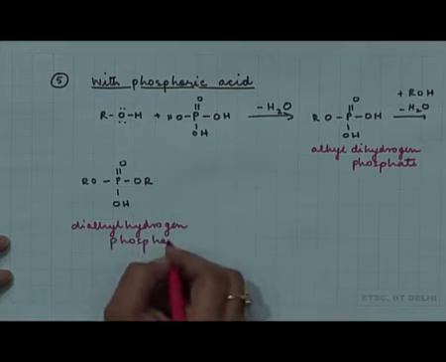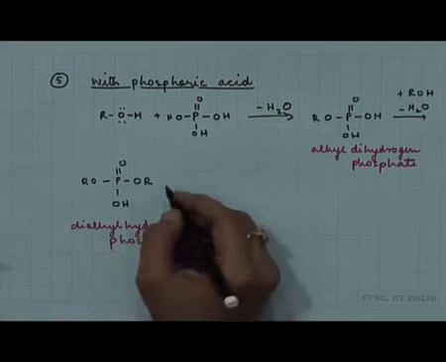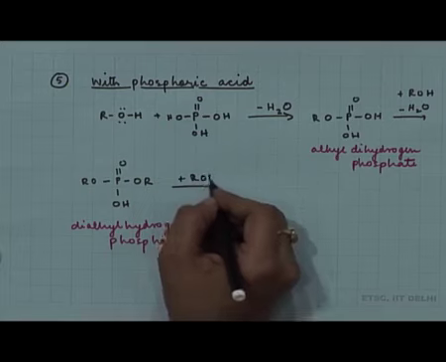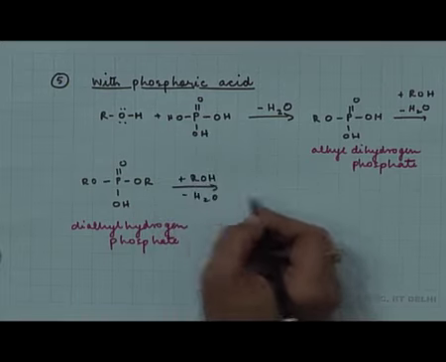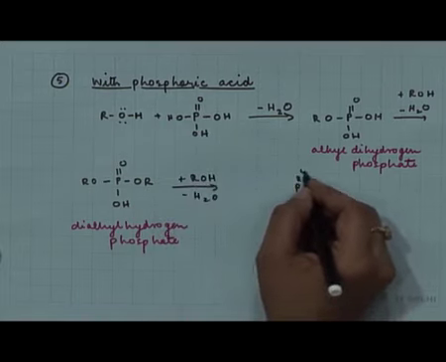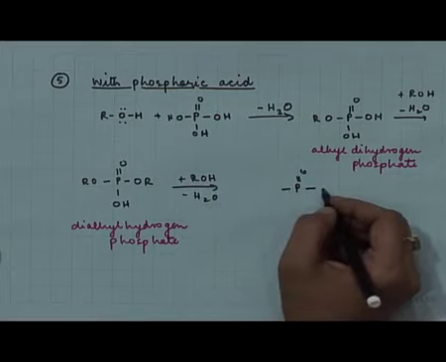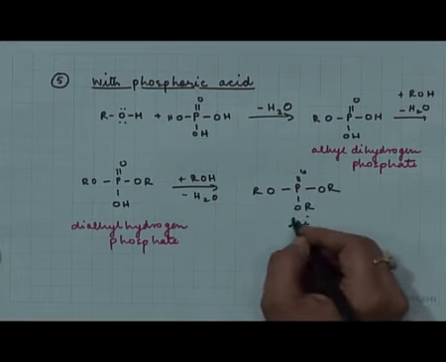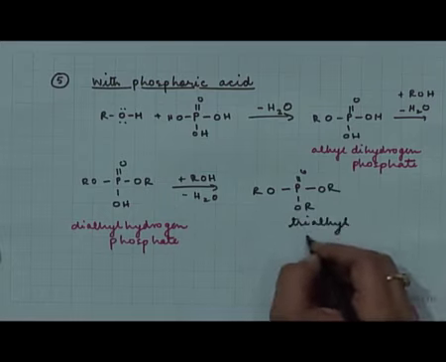And since there is one more OH available, it can react with one more molecule of alcohol to give you eventually the all phosphorylated product, which is a trialkyl phosphate.